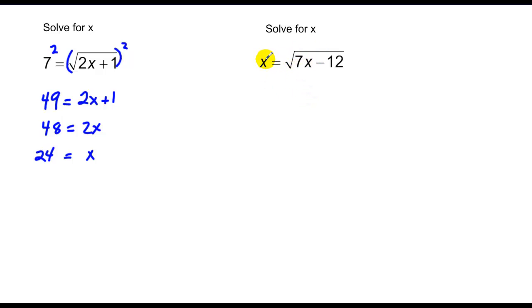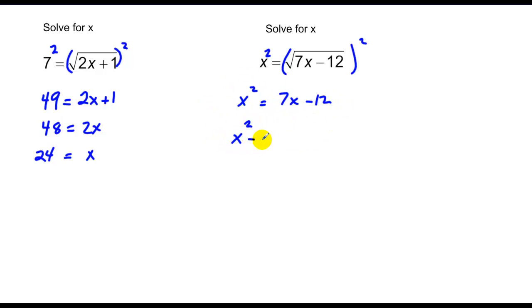This is similar, except the fact that on the left side of the equation we have a variable instead of a constant term. So I'm going to approach this the same way, square both sides, end up with x squared equals 7x minus 12, and the only way to solve this quadratic is to factor.